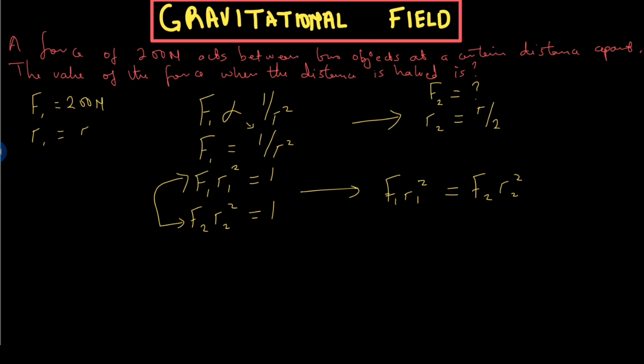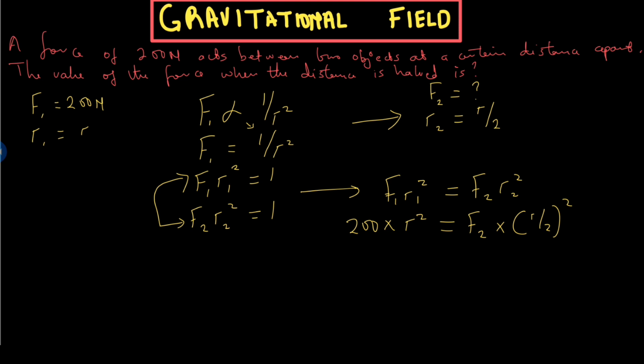Let's now substitute. F1 is 200. R1 has the value R, so we put R squared. F2 we have no idea about. R2 is R divided by 2, squared.